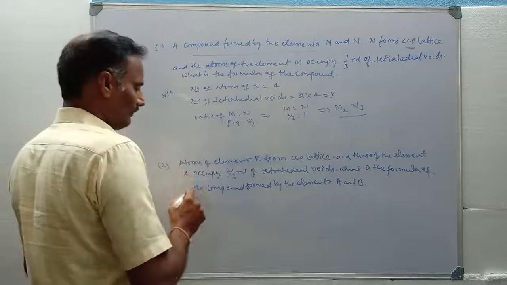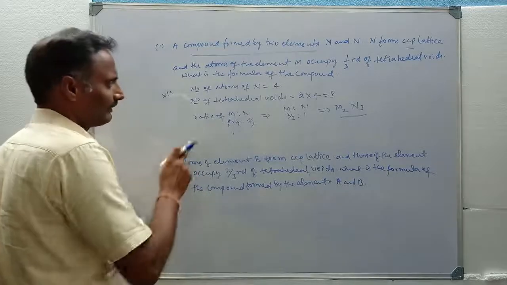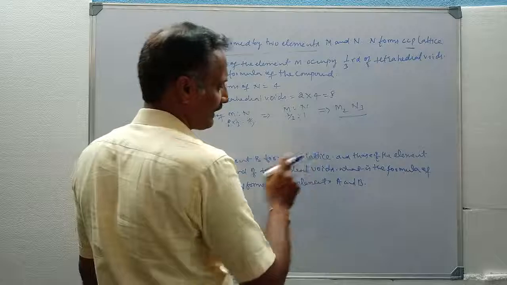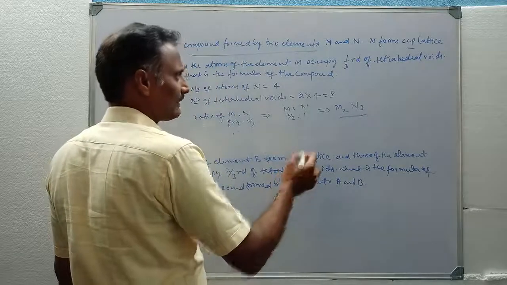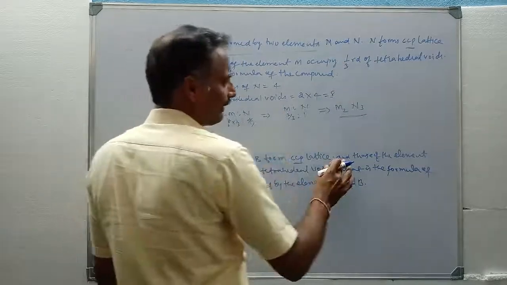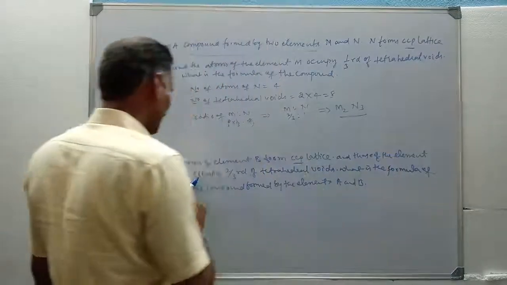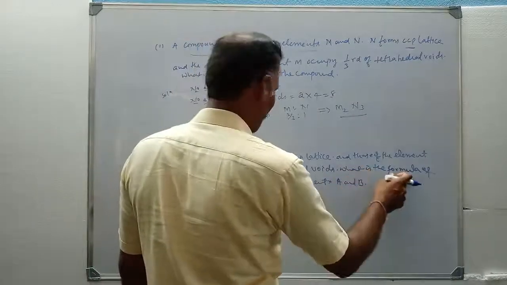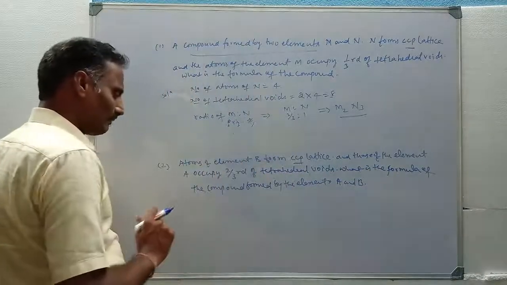Similarly, we are solving the second problem. Atoms of element B form a CCP lattice, and those of the element A occupy 2/3 of tetrahedral voids. What is the formula of the compound formed by the elements A and B?